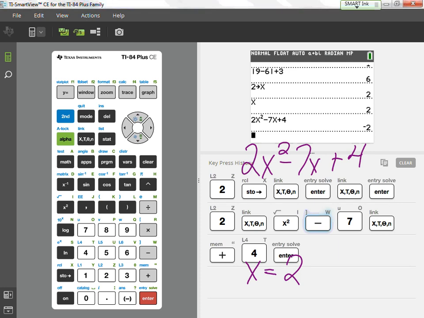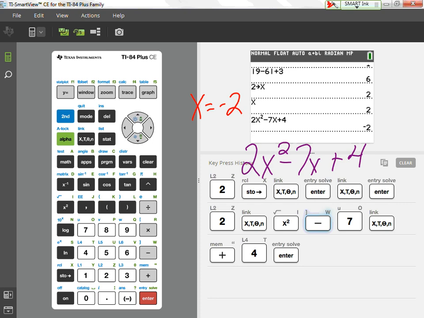Instead of 7 squared, we'll do x plus 4, because instead of the x, try it now. Yeah, and that's it. Now, say I didn't want to know what the value of this was when x was 2. Let's say we wanted to know what the value is for when x is negative 2.